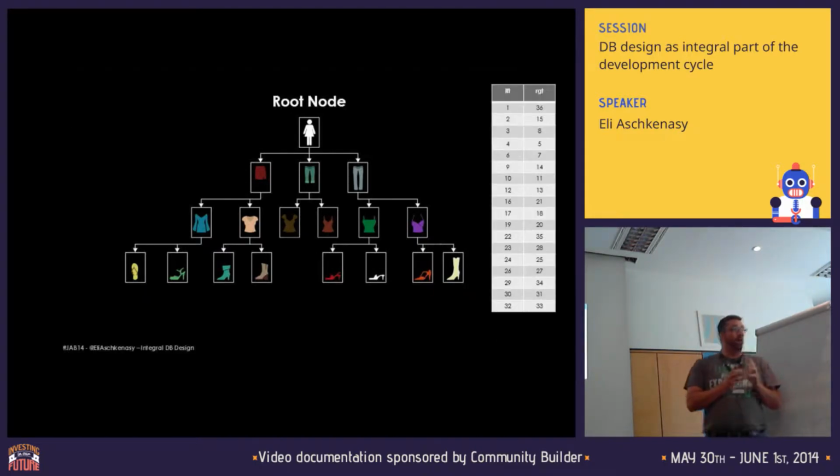Then we have left and right values. Anybody here is familiar with the nested set? Okay, perfect. The whole purpose of the nested set is that every node gets assigned two numbers, a left and a right value. And the way this works is it starts at the root node on the left and continues to trace the whole route as much as possible following the outline of the tree.